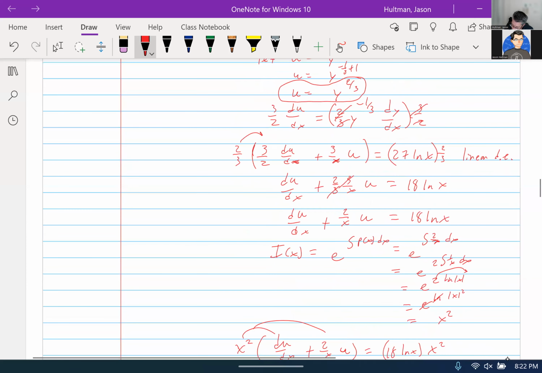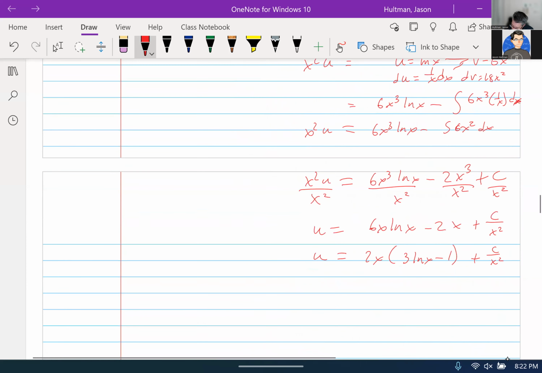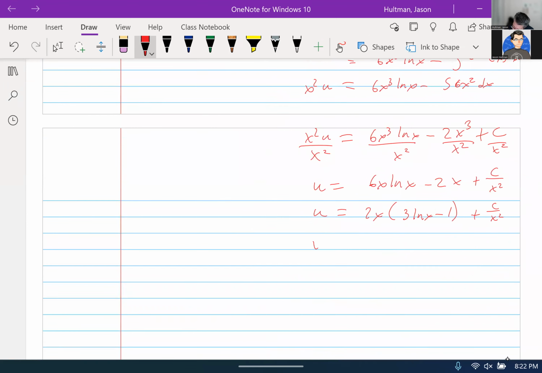And so, yeah, that's exactly what u is. It's y to the 2/3 is equal to 2x times 3 natural log x minus 1 plus c over x squared. And we could take this to the 3/2 power on both sides and solve for y, but it's fine to just leave it like this.